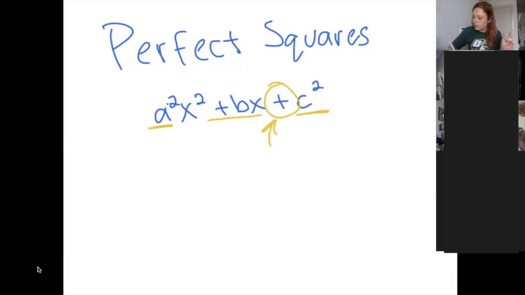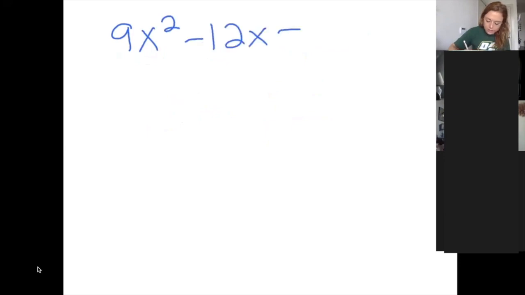So let me show you guys one of them. If I gave you 9x squared minus 12x plus 4, technically we could do that x method that we learned about with a problem like this.